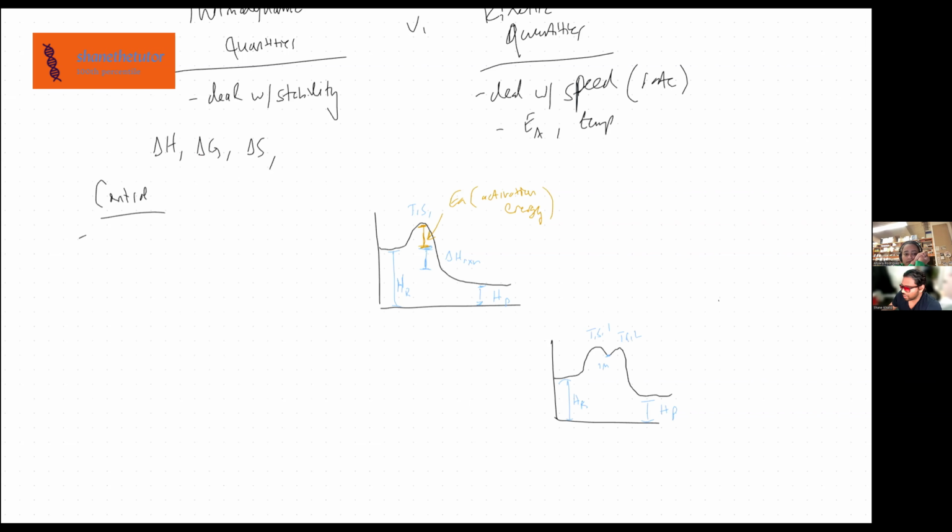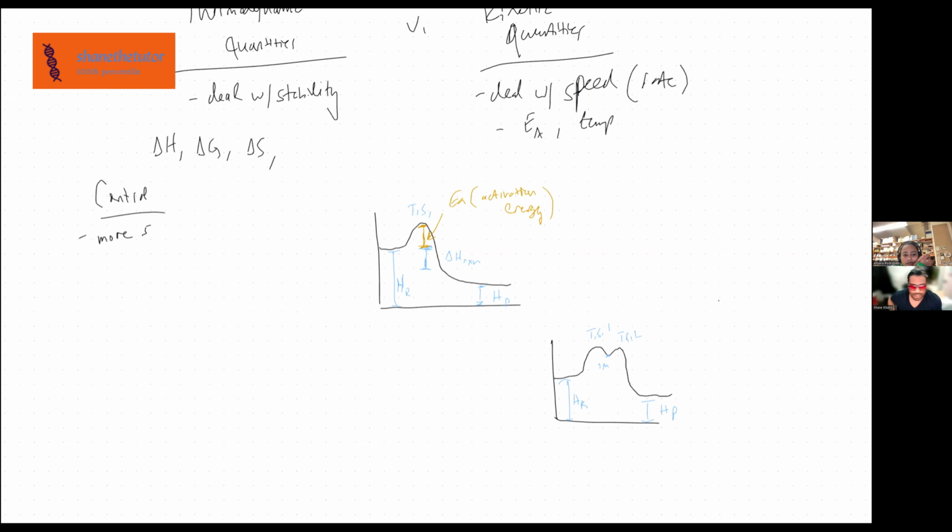For thermodynamic control, it forms slower as well, usually later on in the reaction. Well, we can't say anything about speed when we talk about thermodynamics, but we can talk about that once we talk about kinetic.